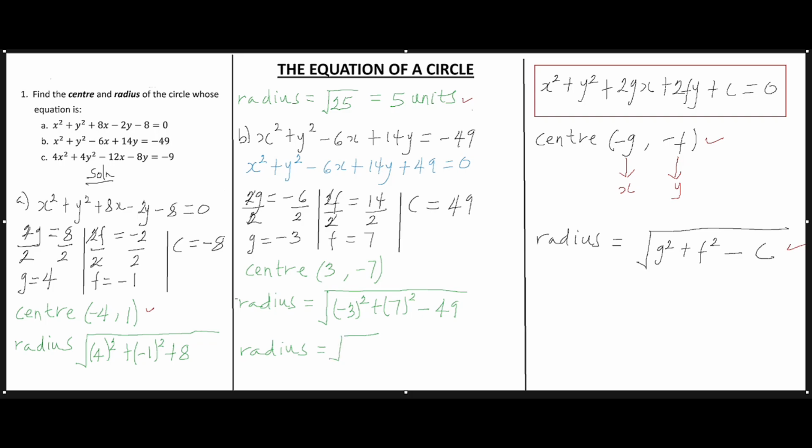So let's compute this. Minus 3 squared plus 7 squared minus 49. So we have square root of 9. Then square root of 9 will give us 3 units. So that is for circle B.